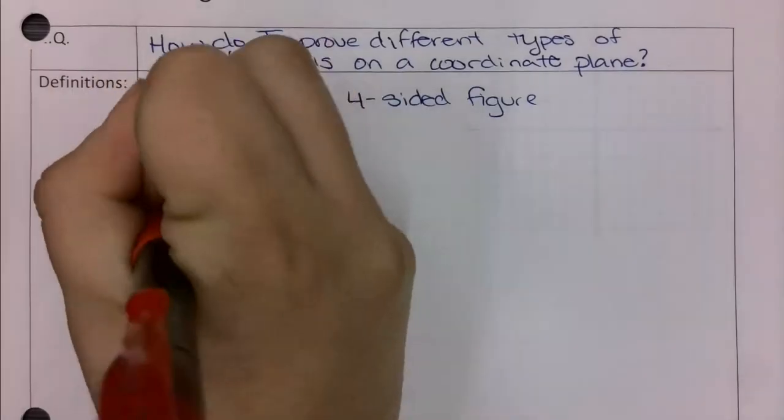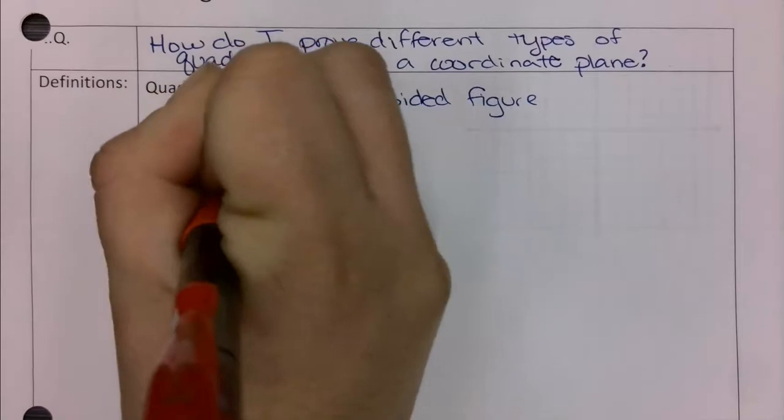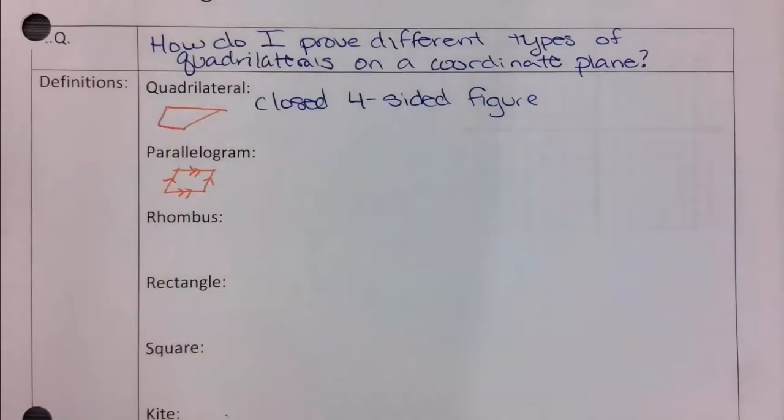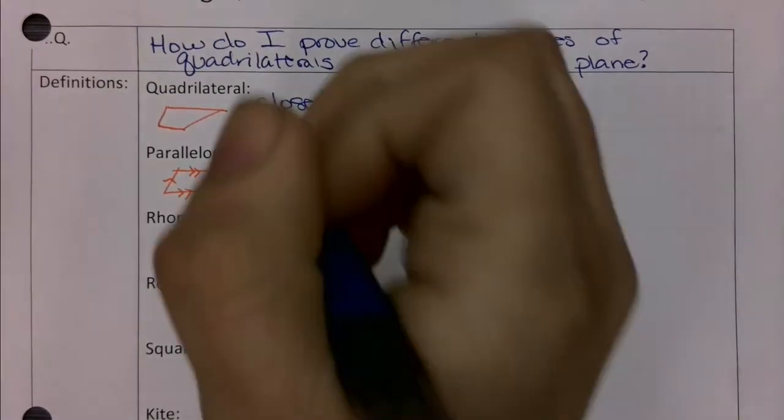Then the next shape is a parallelogram. Opposite sides are parallel.